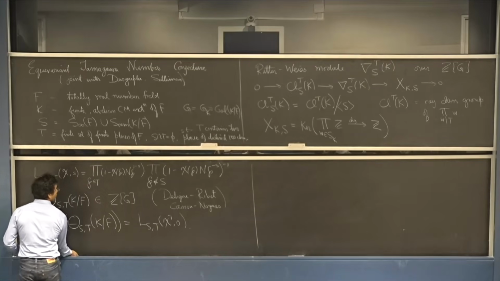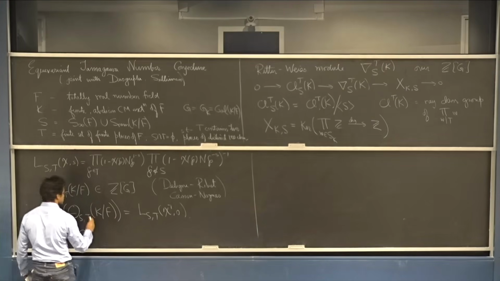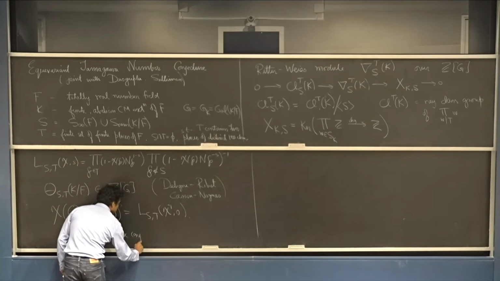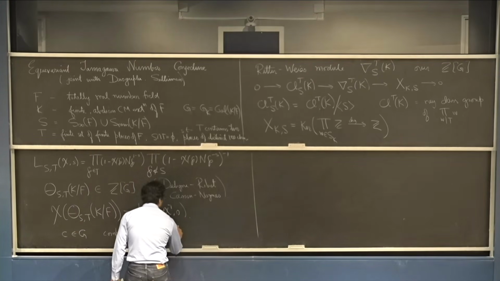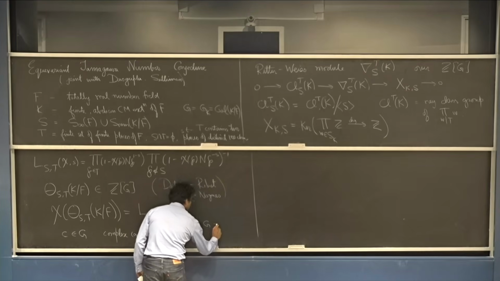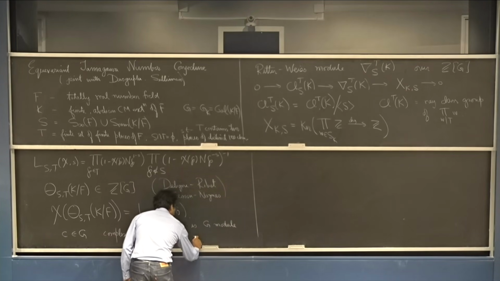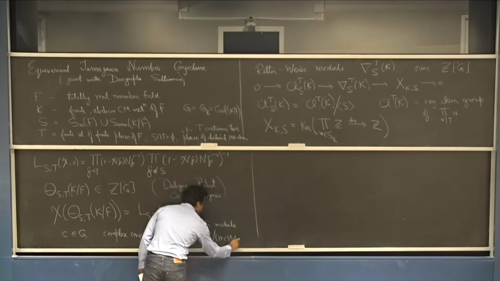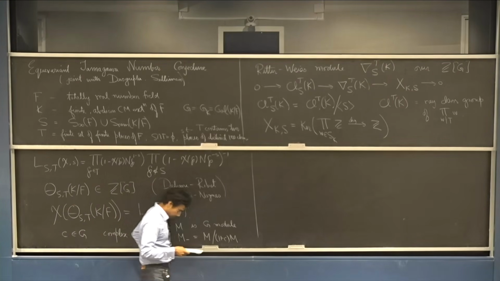And the last piece of notation I want before I state the refinement of Brumer-Stark is the following. So c in G, or G_K, is the complex conjugation. If M is a G-module, then I denote M^- to be M modulo 1 plus c, so that's the minus part as a quotient.